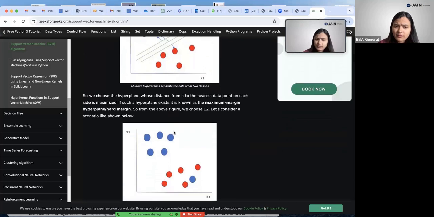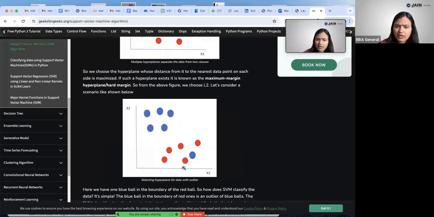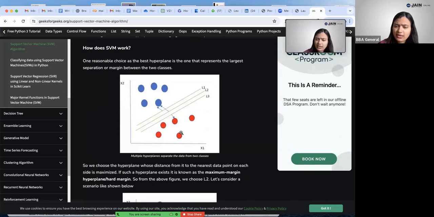Now, the main thing is how can we choose the line. That depends on the distance, and that depends on the nearest data points, which are called support vectors. So this blue dot here is called a support vector, which is supporting this line to separate the data with a maximum margin.